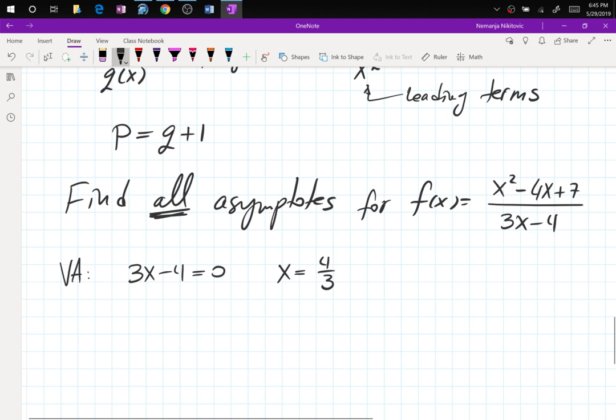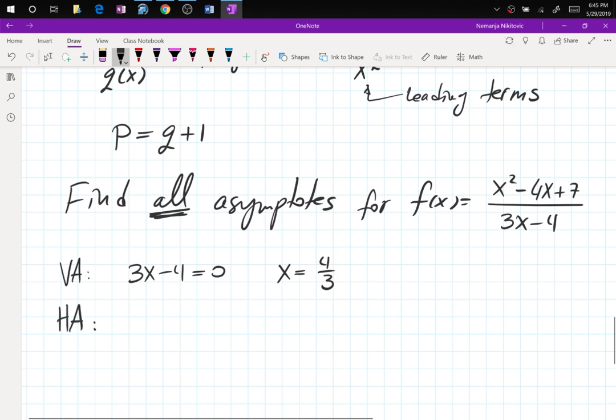And since this does not factor or cancel, we know it's an asymptote, because if any cancellation was involved, you would have an open circle, not an asymptote. So the vertical asymptote is at 4/3.